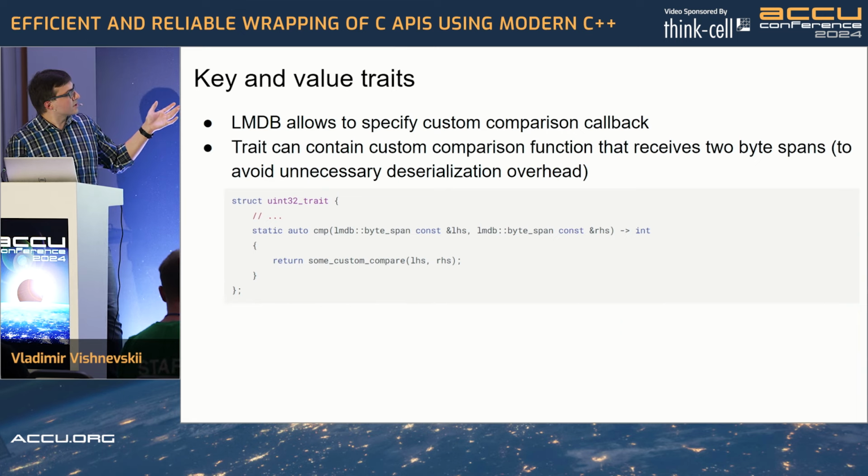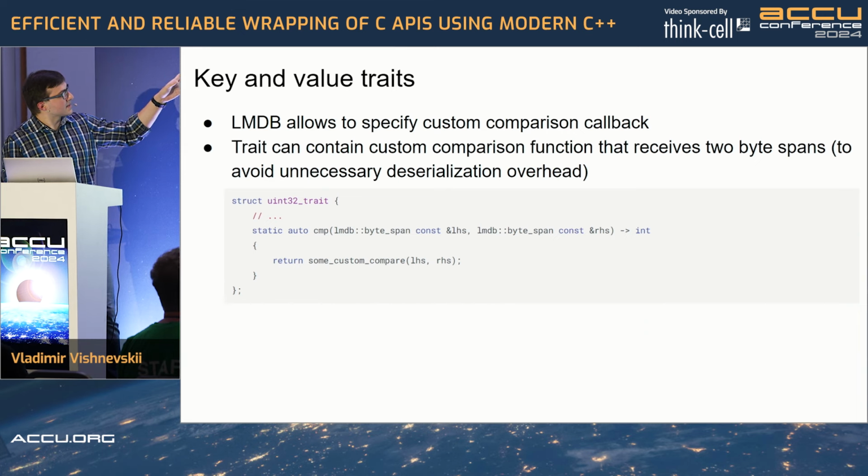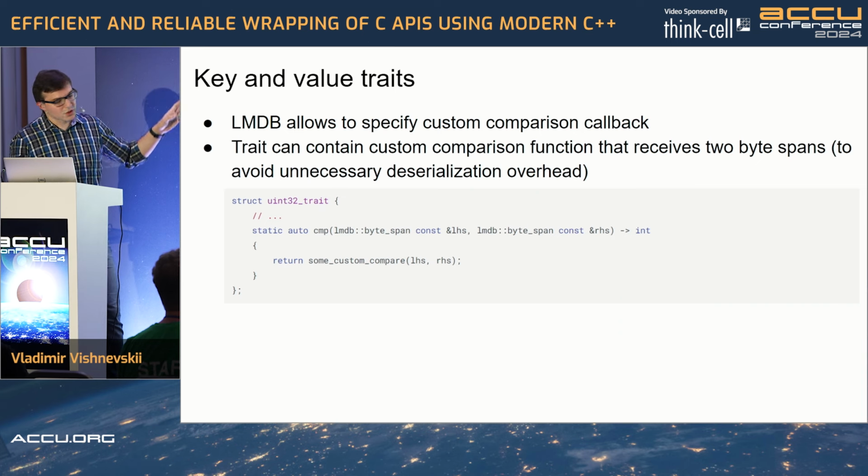And in our implementation, if we use a generic approach, we can also allow the client code to specify the comparison function as a part of the trait.